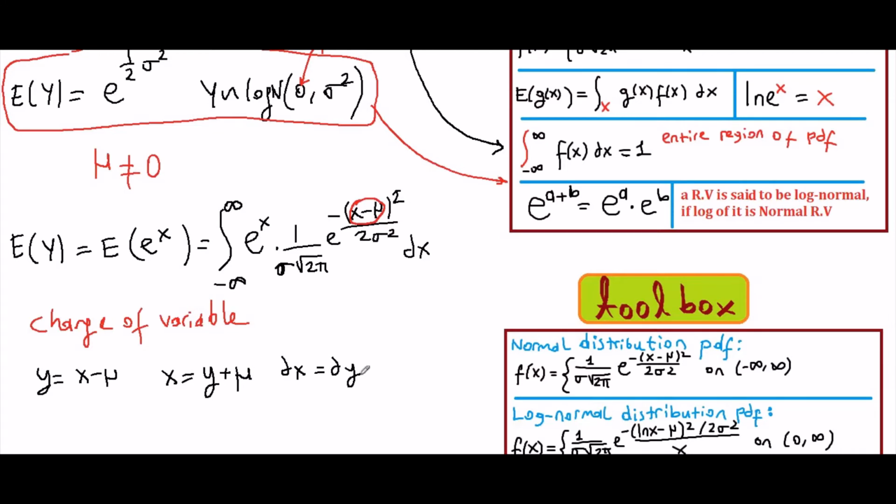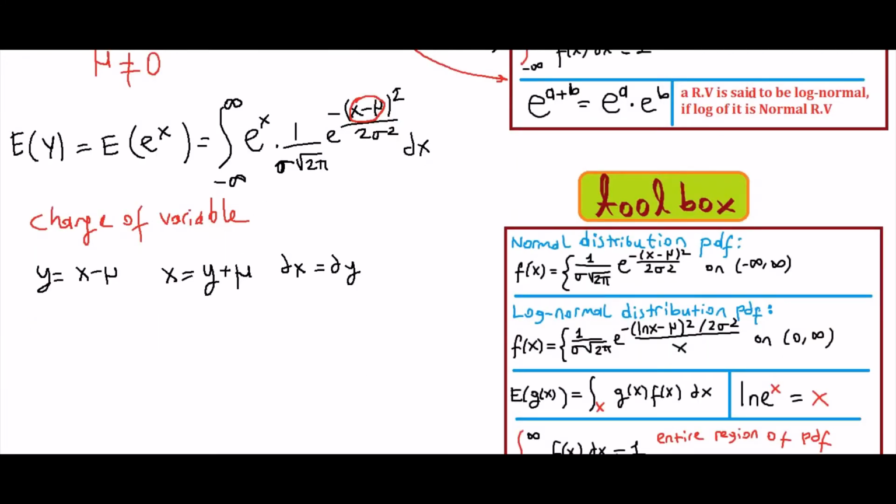Now we're going to rewrite everything in terms of y. So we have the integral from negative infinity to positive infinity. We have e to the x; instead of x, we're going to write y plus mu.